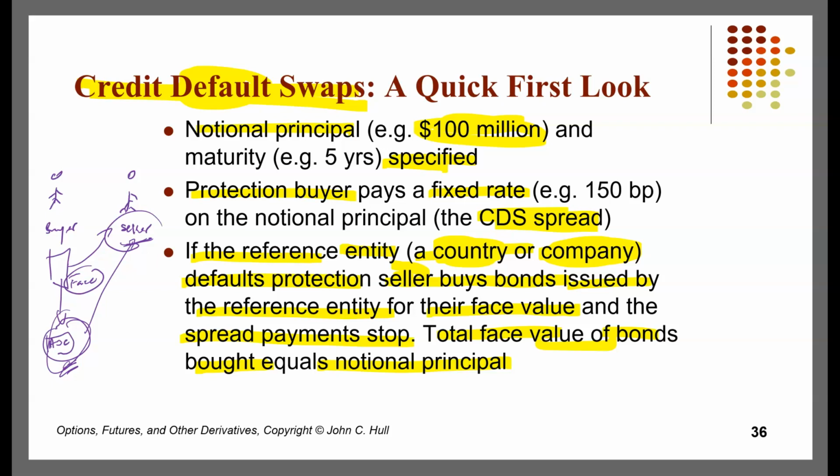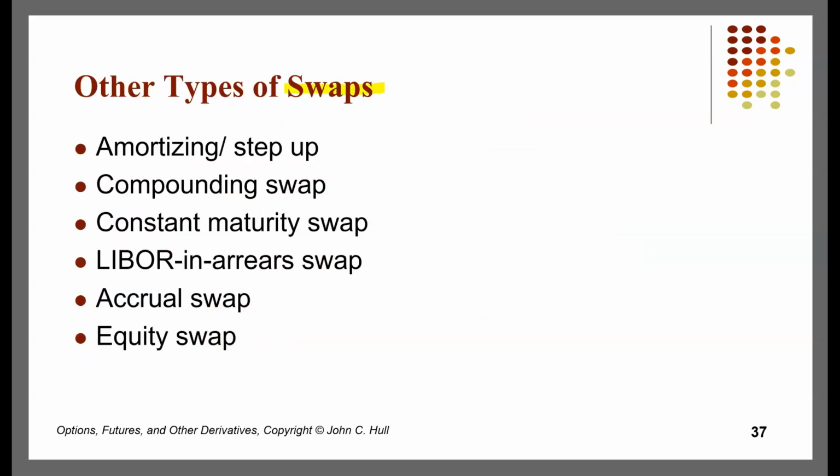Alright, and there are other kinds of swap agreements. There are many. We're not going to go through all of this. Go refer to the textbook again to make sure that you look at this and read through them. But most function in a very similar way to what we've described.